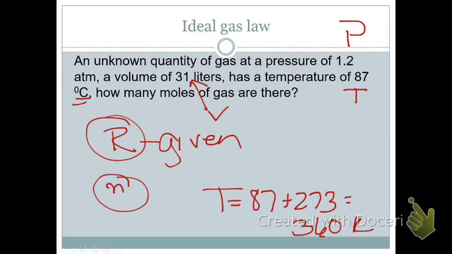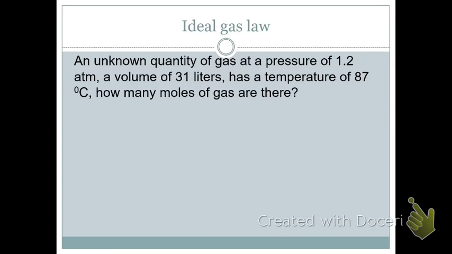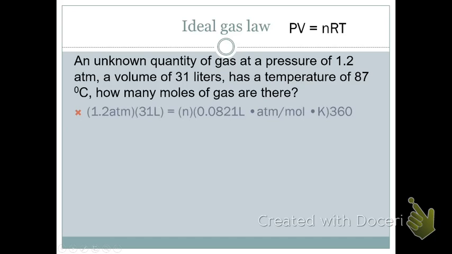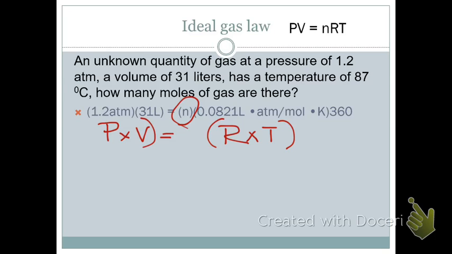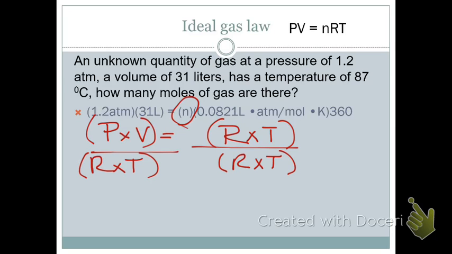If we lay out all of our values the way we laid them out before, we have our pressure and our volume, which is equal to our N, which we do not know, but we do know our R value and our temperature. So we're going to divide both sides by our R value times our temperature, and they cancel out.